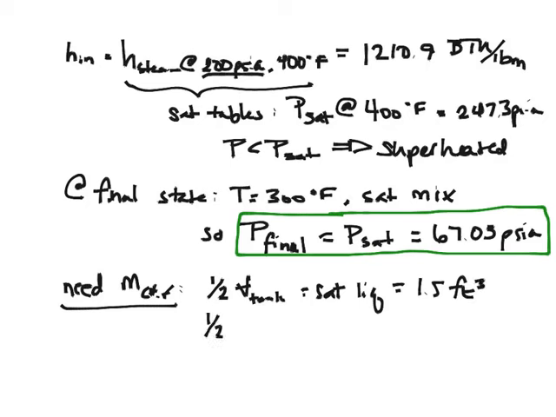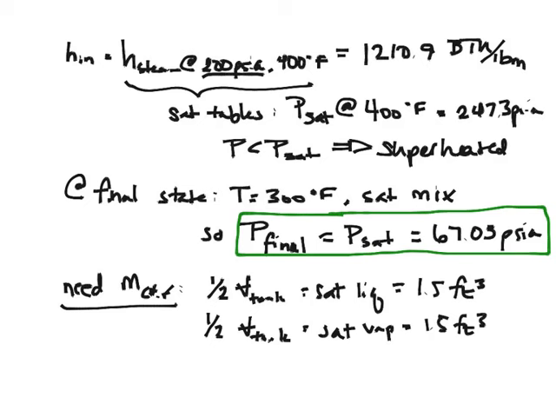And I know the other half of my tank is filled with saturated vapor, and that's also going to be 1.5 cubic feet, because I'm told that at the end, half of my tank is filled with liquid.